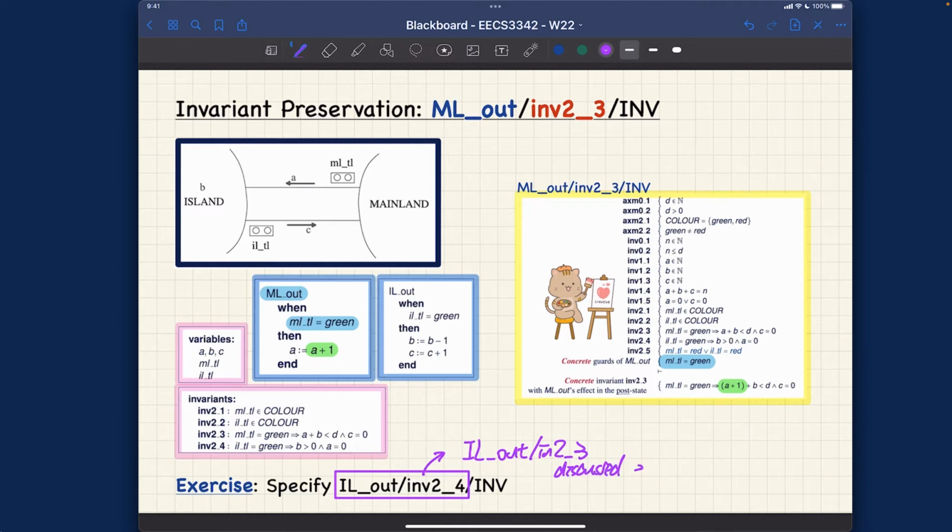You can definitely refer to the two different attempts that we did earlier, and then we figured out we should really add invariant number 5 in order to discharge the proof sequence. Similarly, for this one over here, the earlier one that we did was about ML out, invariant 4, which was discussed earlier.